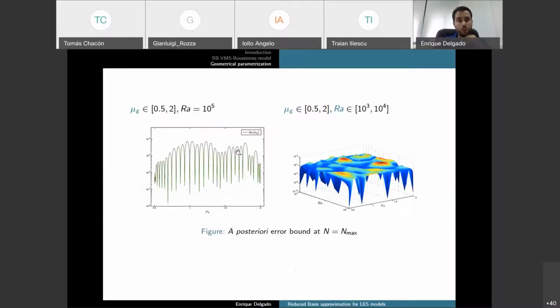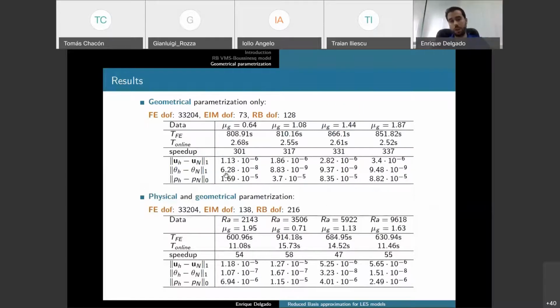Here I showed you the comparison of the a posteriori error bound for both problems, and here the same summary for the speed up of the computation. When we consider only one parameter, as you can see, the speed up is more or less the same as before, about 300.